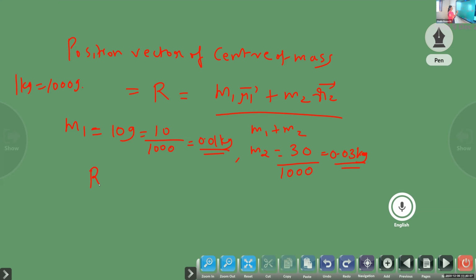Therefore R is equal to, R means R CM. Substitute the values in the equation.